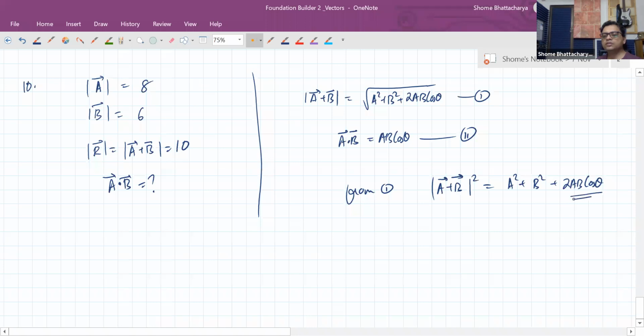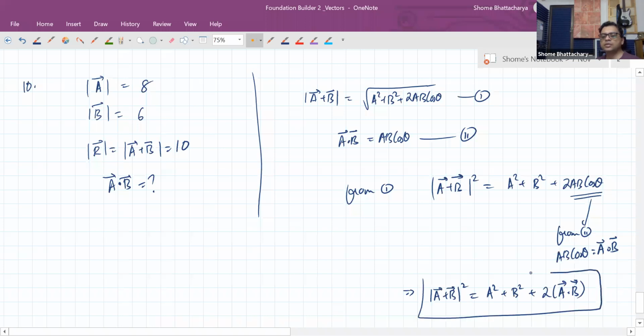And from equation 2 we can substitute AB cos theta as A dot B. So you can see that this is the relationship between the resultant magnitude and the dot product. You can write it like this. So this is one important relationship.